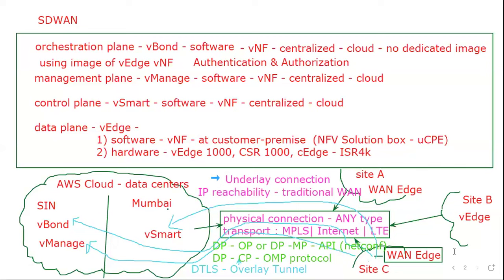So this is the SDN architecture, SD-WAN architecture and SD-WAN components. In case you are looking for notes, you can take a screen capture of this before I proceed further.